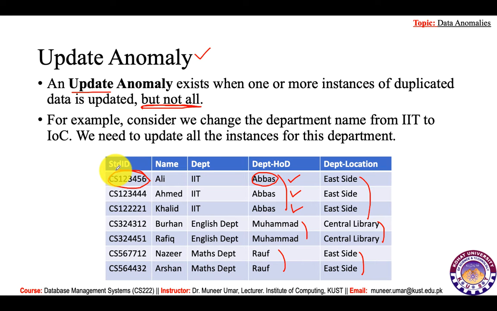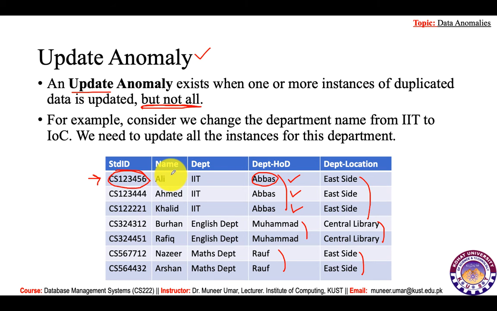So in that case, if you are going to execute a single query with a single condition in the where clause, only one record will be updated. Now I'm going to change the department HOD for this student.